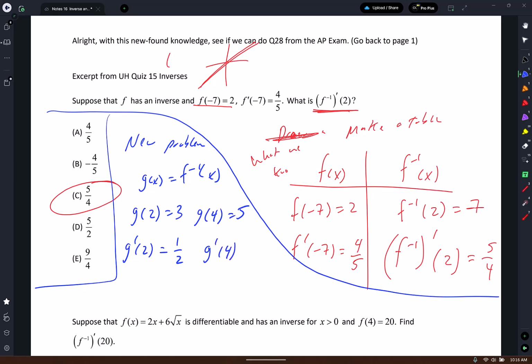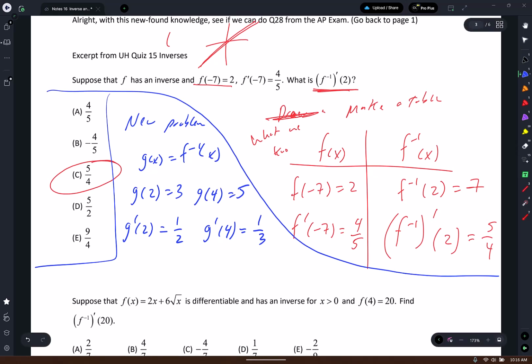And this is just for practice. And this time I want to go opposite. g is the inverse of f. I want to know what f prime of 5 is.